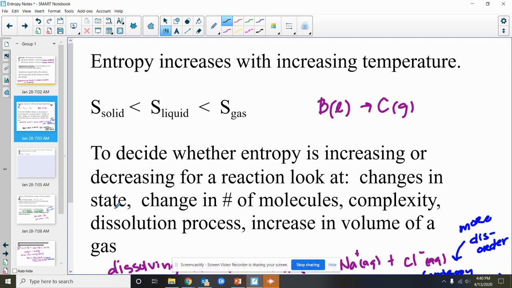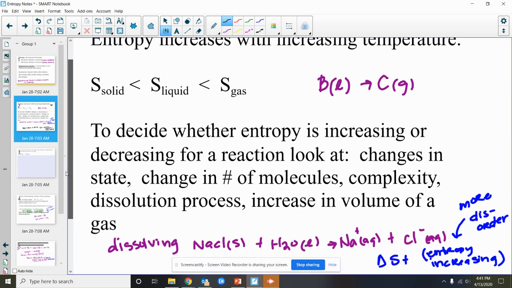It's going from a solid to multiple pieces in its individual ion form. So generally, when you dissolve something, you are creating more disorder. So again, more disorder means higher entropy. Okay, and then another thing is an increase in the volume of a gas. So the more there is, again, the higher the chance of disorder, the higher the entropy.